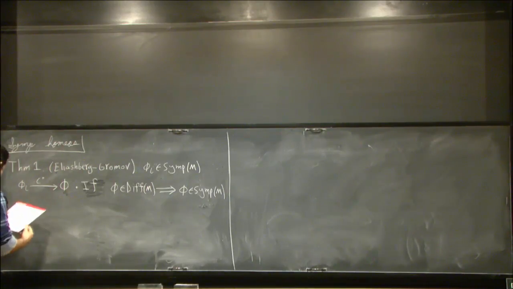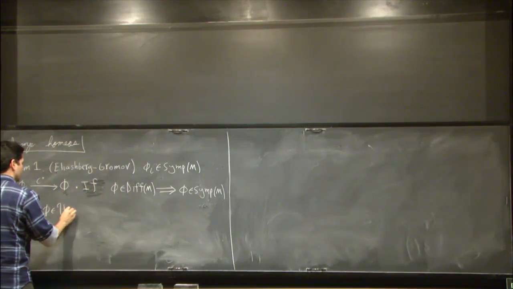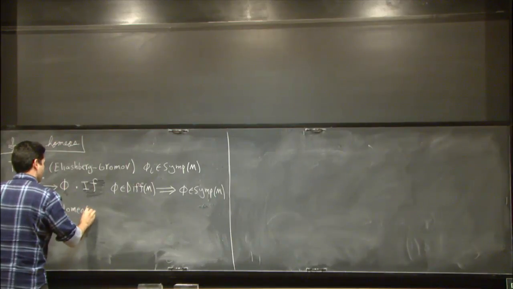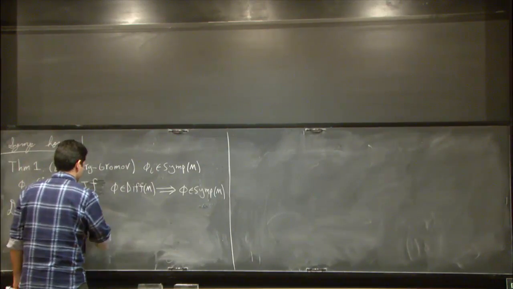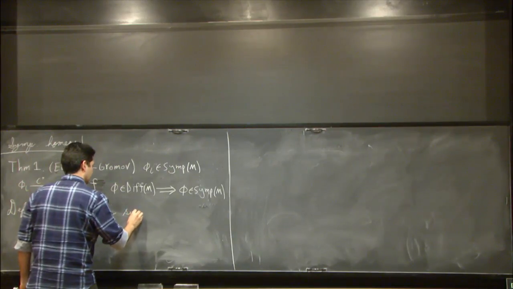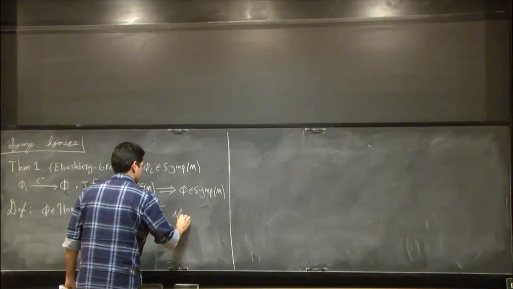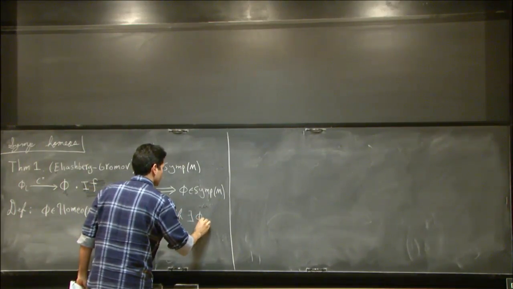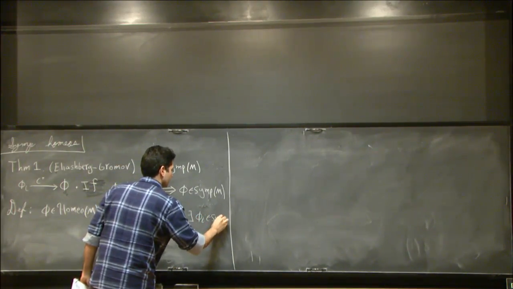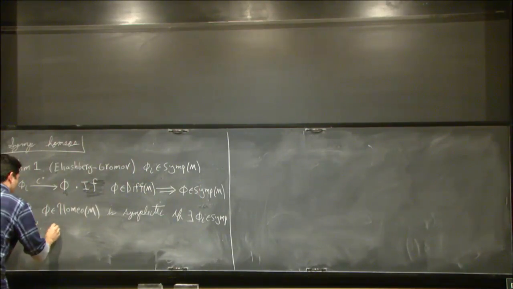Definition: let phi be a homeomorphism of M. We say phi is symplectic if there exists a sequence of smooth symplectomorphisms which converge to phi.